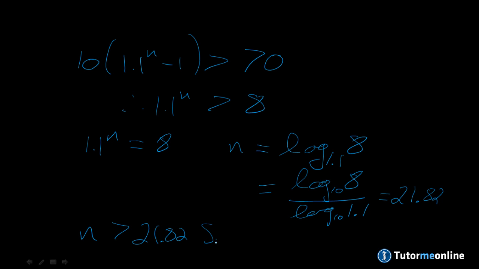So the smallest natural number n for which the geometric series will be larger than 70 will be equal to 22. And that is the answer that the examiner is looking for.